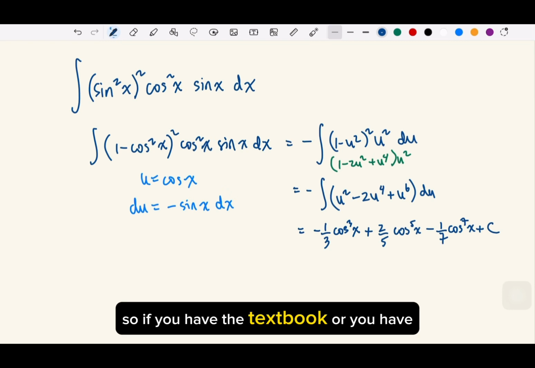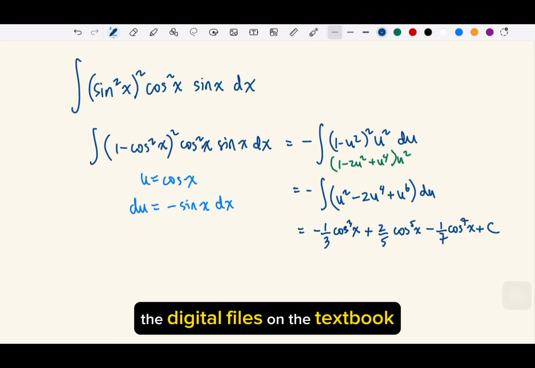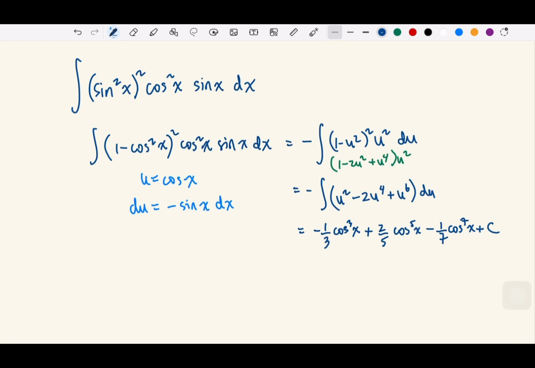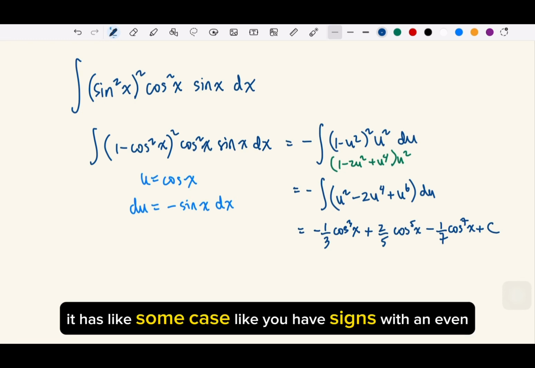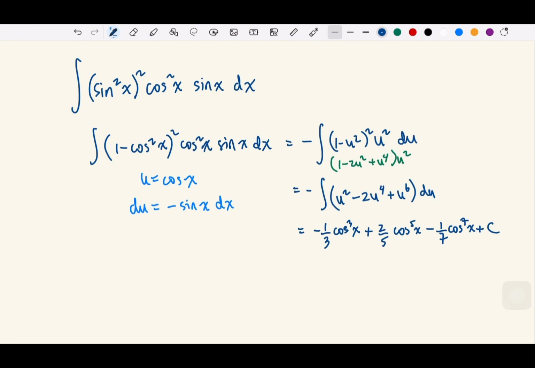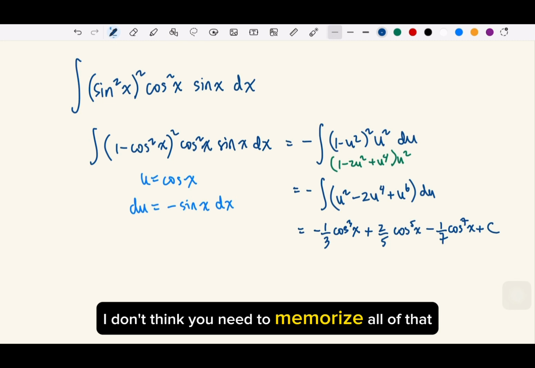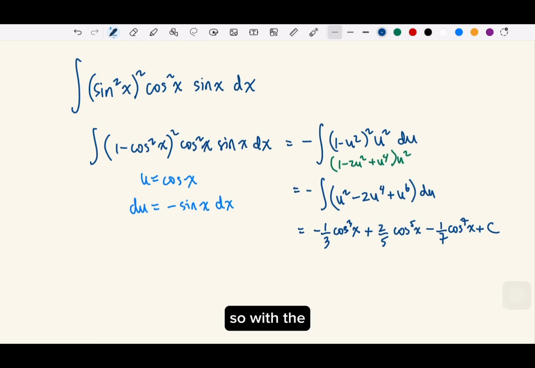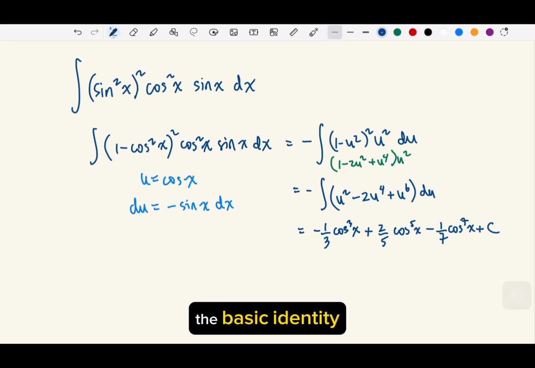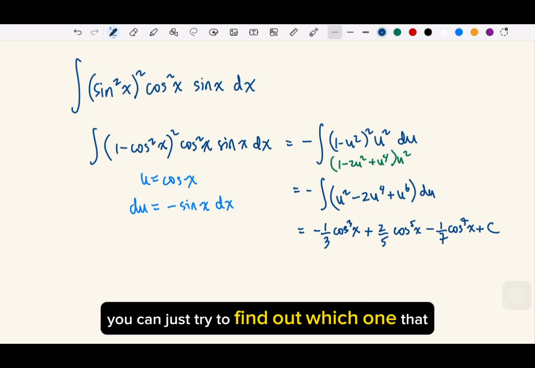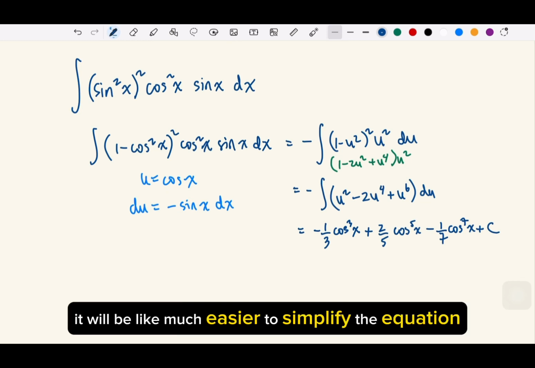If you have the textbook or the digital files of the textbook, it has some cases, like sine with even power, odd power. I don't think you need to memorize all of that. With the basic identity, you can just try to find out which substitution makes it much easier to simplify the equation.